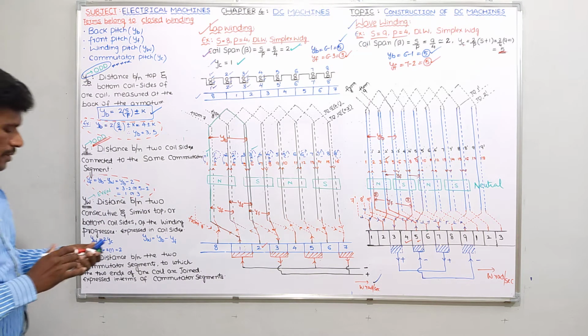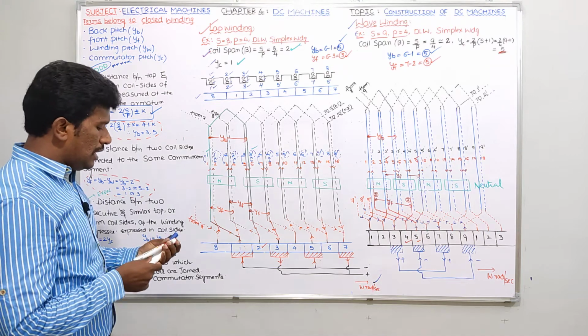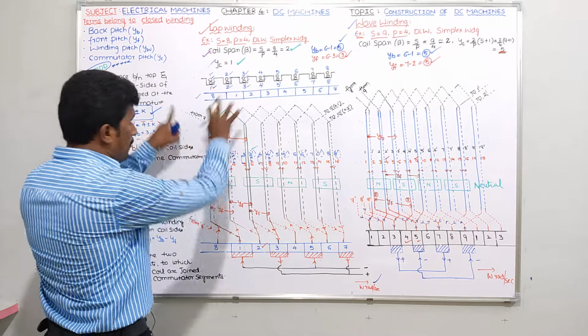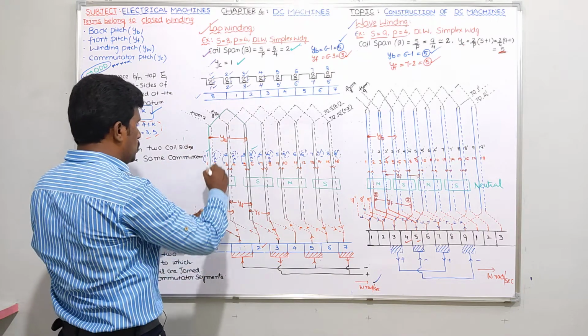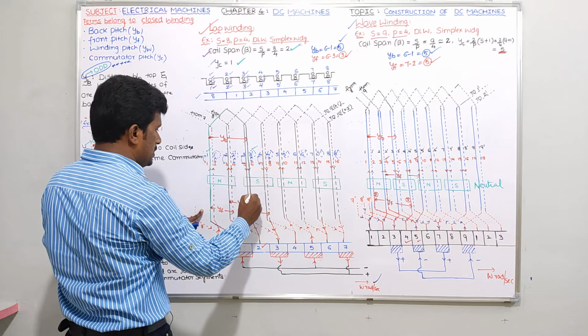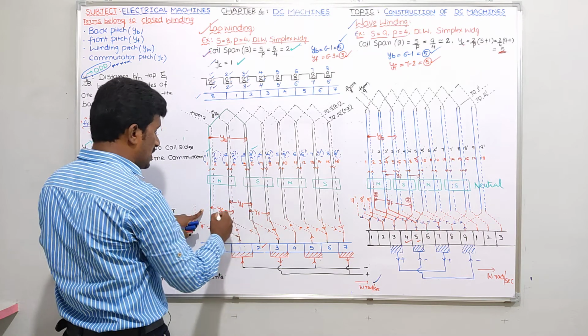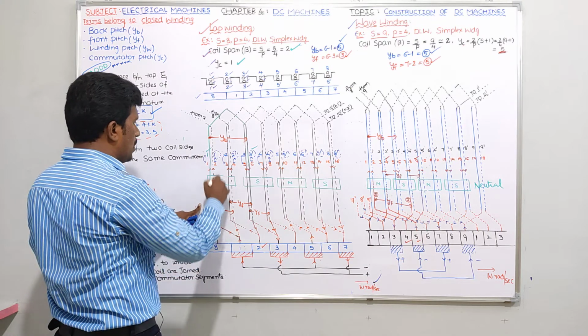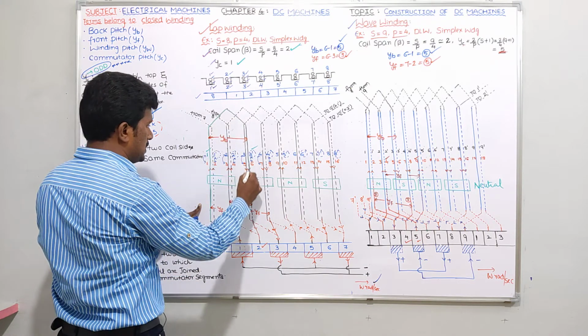Please try to understand. I need some answer from you guys. If you take the lap winding example, 1 to 6 I am going. This is coil number 1, which means 1 to 6.